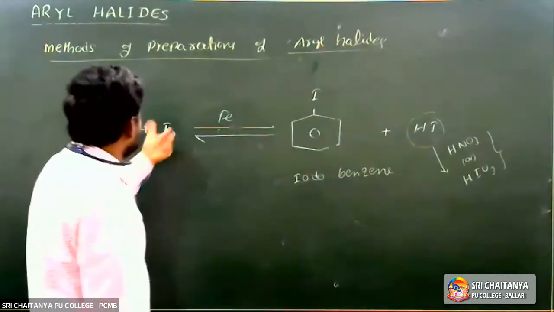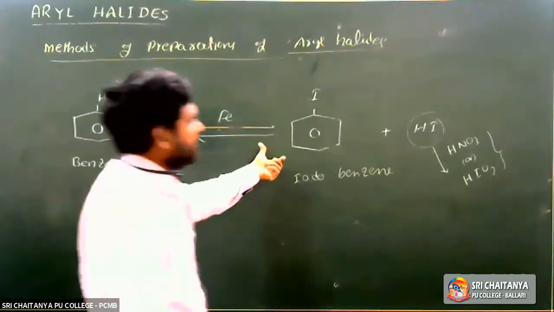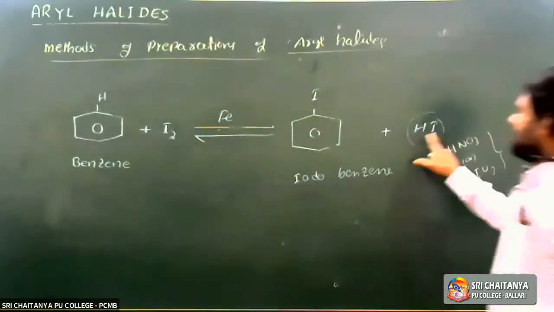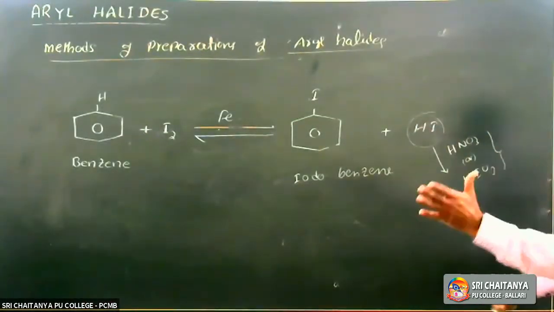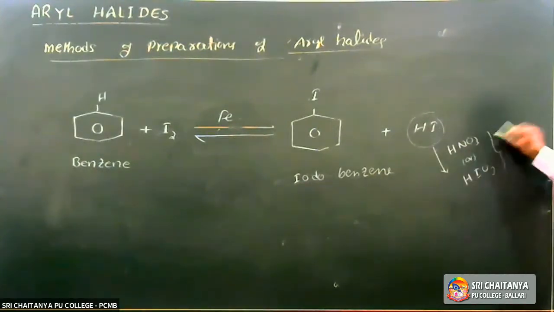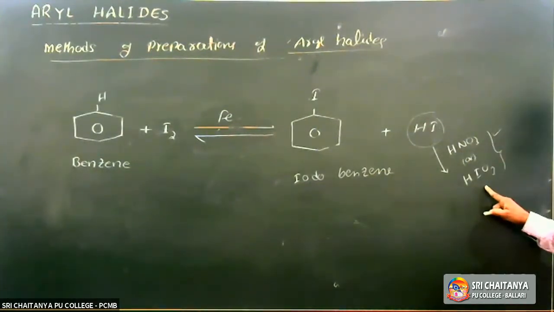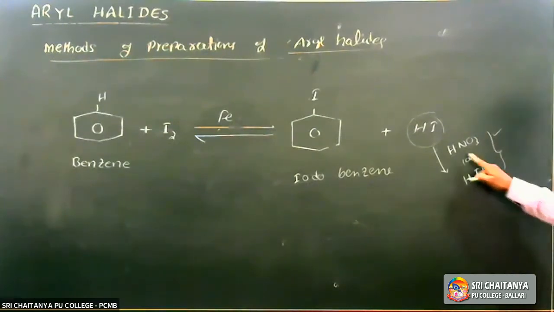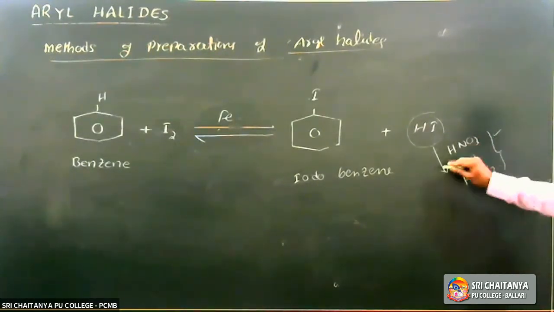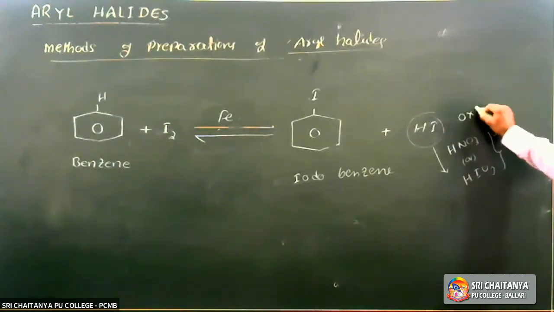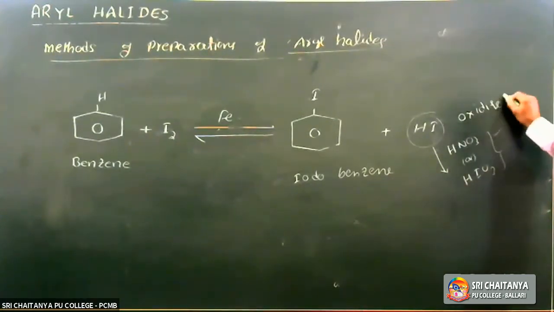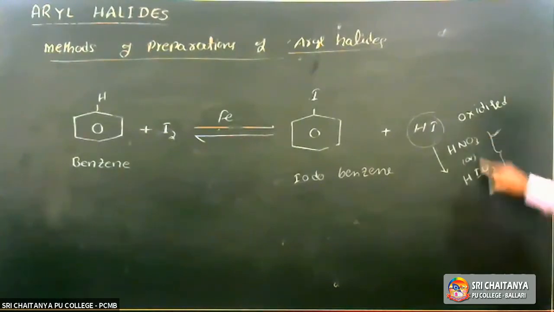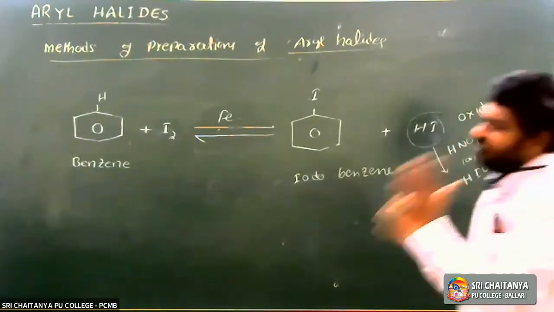When benzene reacts with iodine, it is a reversible reaction and HI is the byproduct. To prevent the backward reaction, HI is oxidized by nitric acid, HNO3, or iodic acid, HIO3.